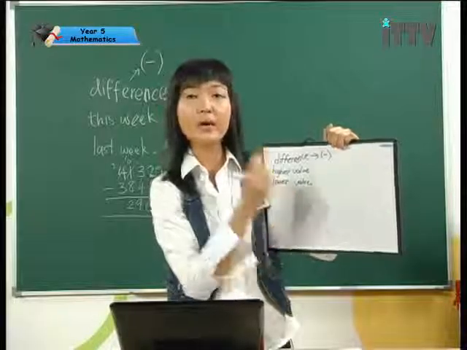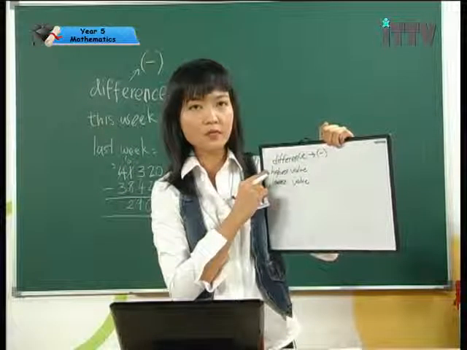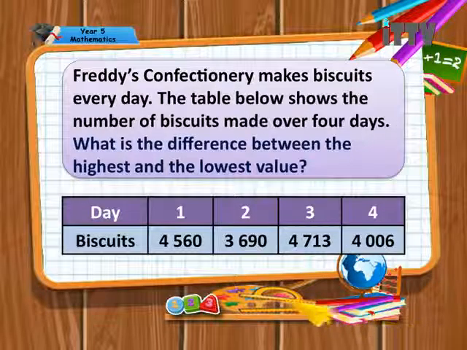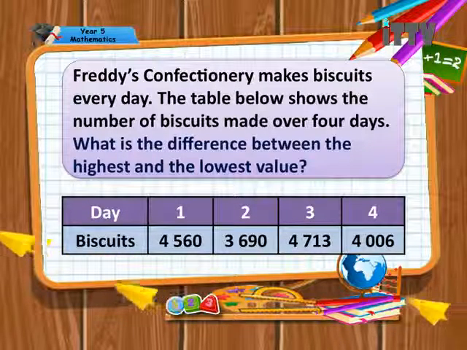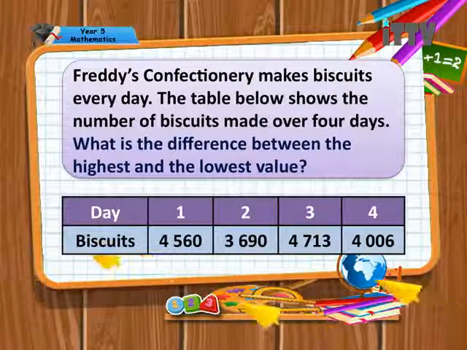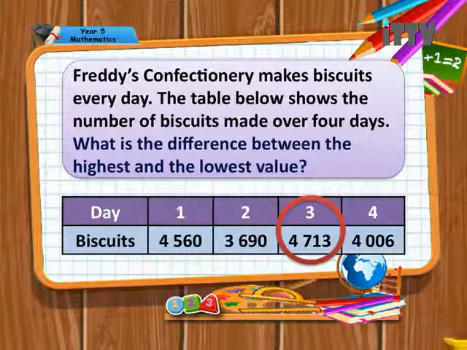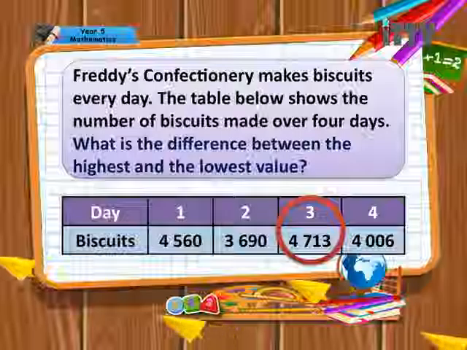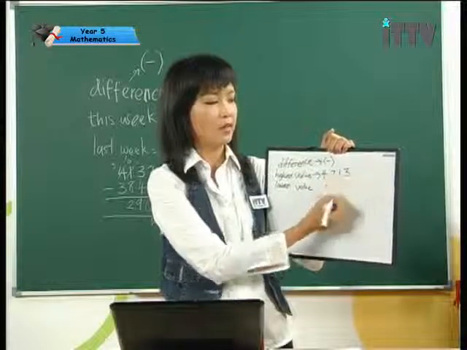Okay, now let's get back to the chart to find the highest value and the lowest value. Okay, what is the highest value? Let's read it from the table. Is it the first day, second day, third, or the fourth? Yes, it's on the third day, 4,713. So I'm going to write it here, 4,713.